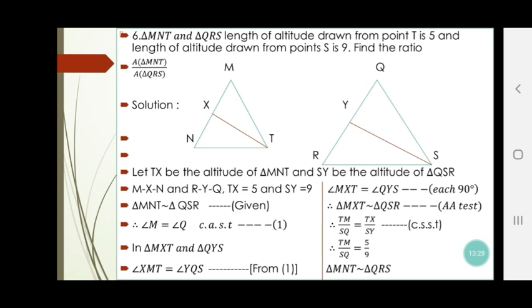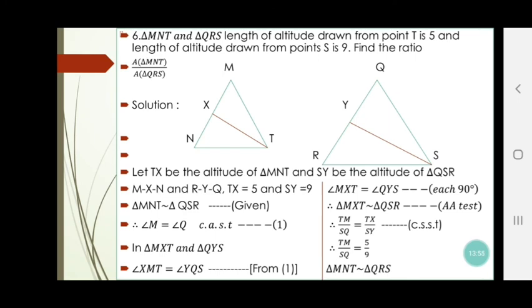Now let the altitude of MNT drawn from the vertex T be Tx and altitude of triangle QRS from vertex S be Sy, such that X lies between MN and Y lies between RQ. Tx is equal to 5 centimeter, Sy is equal to 9 centimeter.